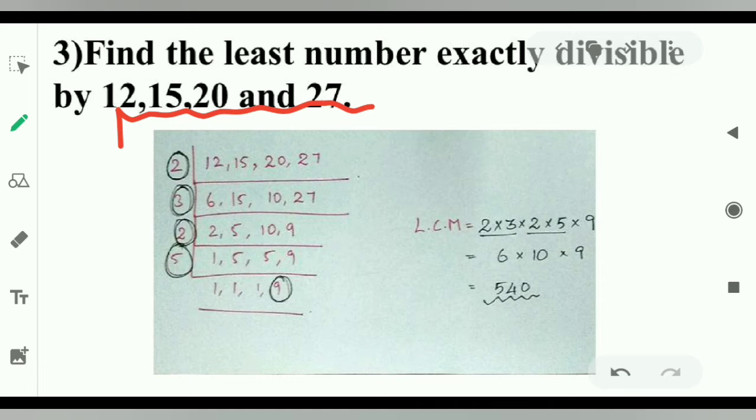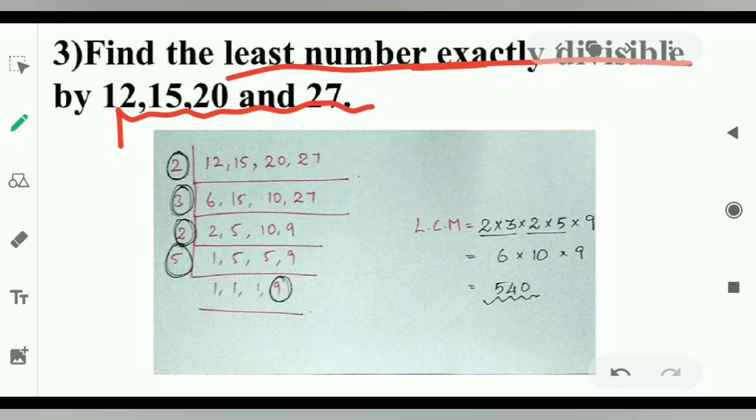Good, LCM, right? LCM is nothing but the process of finding the least number which exactly gets divided by the given numbers, or in other terms, the least number which is exactly divisible by all the given numbers.